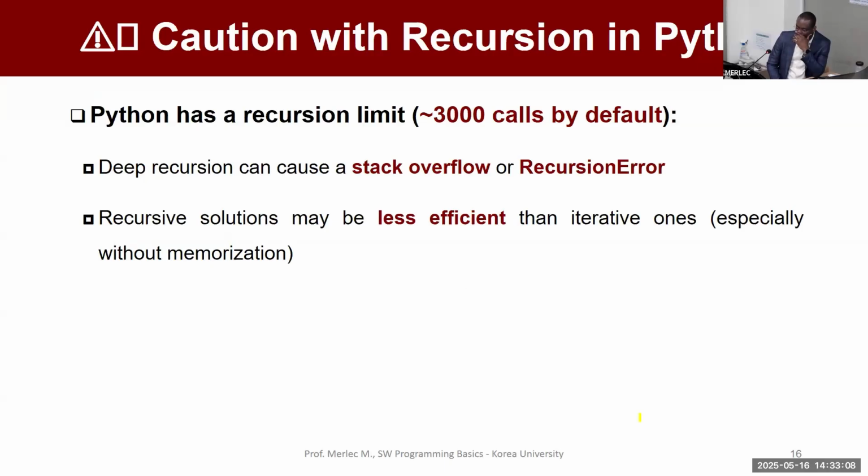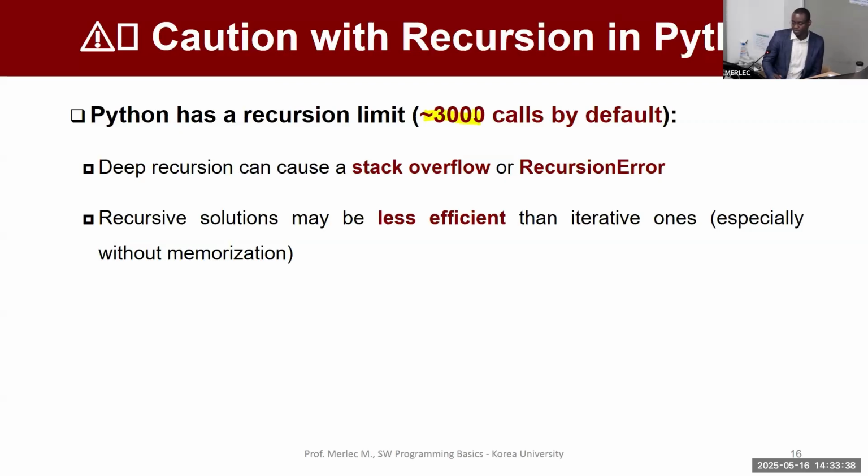Then there is a question about the use of recursion in Python. So in Python, we have a limit on the number of calls we can make, which is set by default to 3000. For a recursive problem, you have to make sure that the number of recursions does not go beyond the depth of the recursion limit.